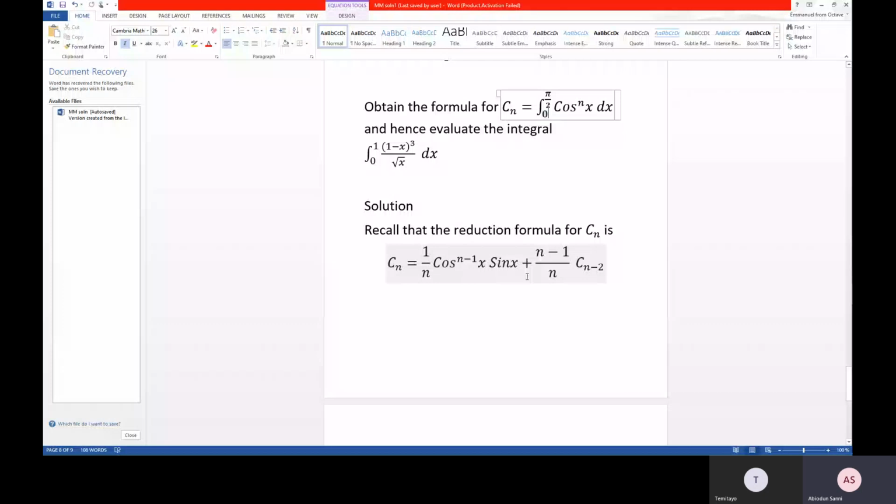So if I take the limit for this part, I'm going to have a 0. So I'm going to add a 0. Now, by taking limits when x is pi over 2, if I put x to be pi over 2 here, cos pi over 2 is cos 90, and cos 90 is 0.